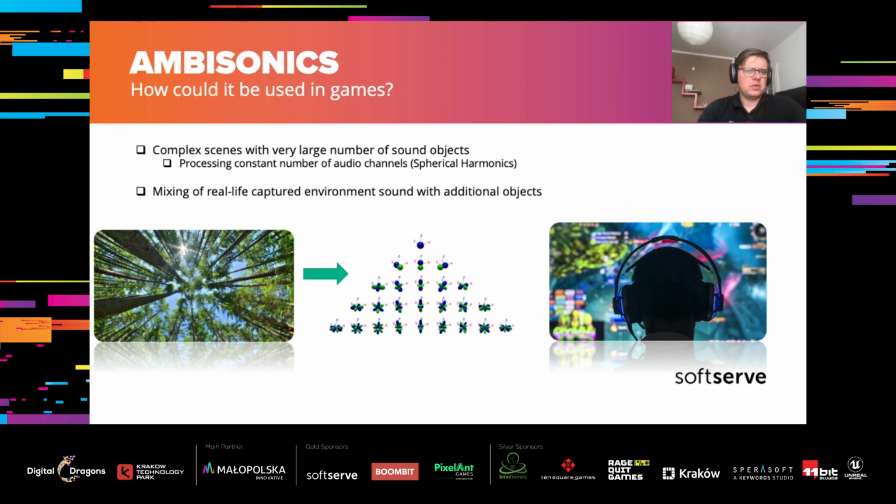So those are basically two ideas how the Ambisonics could be used in games, and of course it is worth to mention its capability of very nice and smooth control of this 3 degrees of freedom.